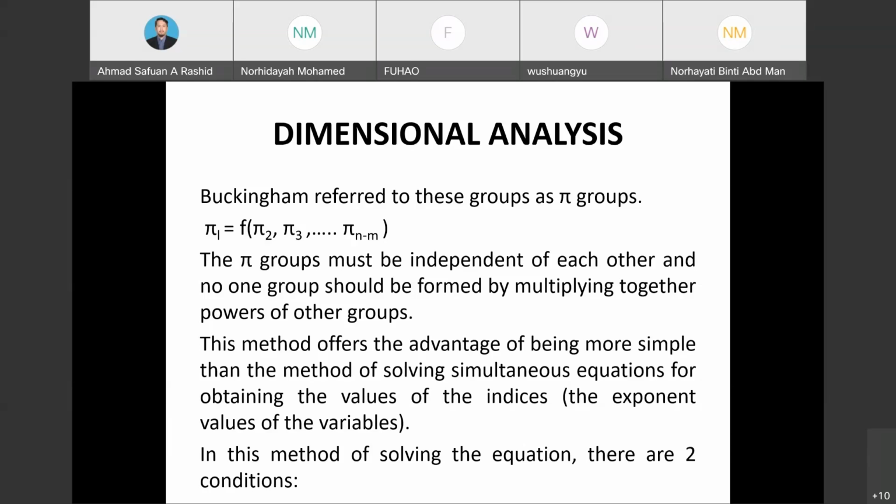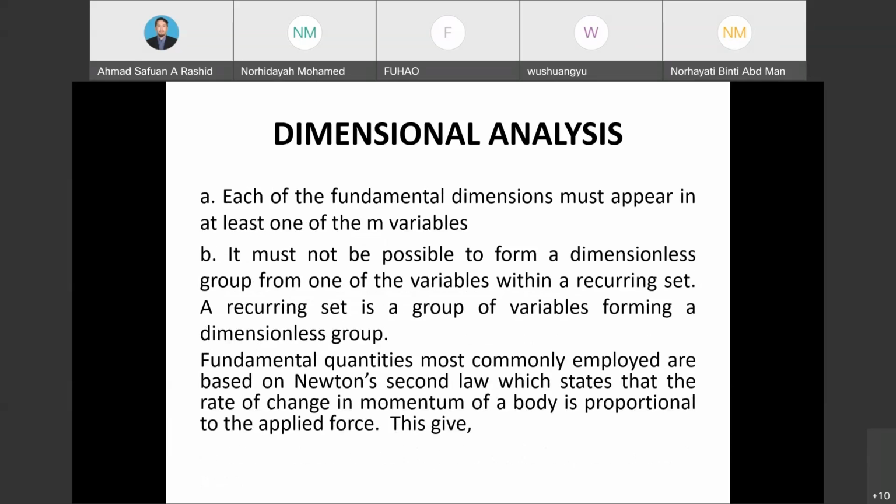In this method of solving the equation, there are two conditions, so we need to follow the rules. Each of the fundamental dimensions must appear in at least one of the m variables, which means that we should use all the parameters.